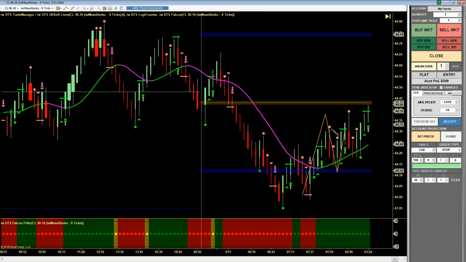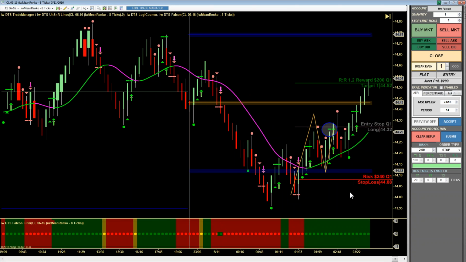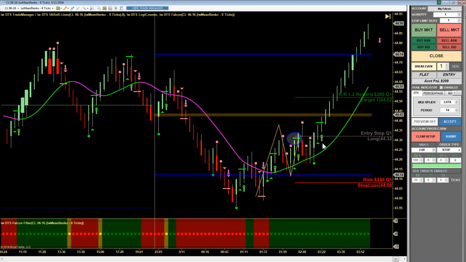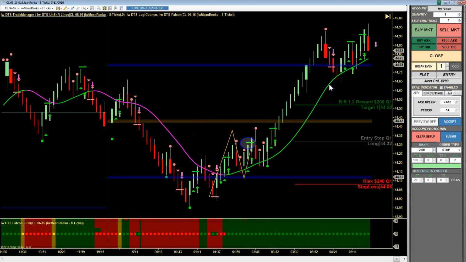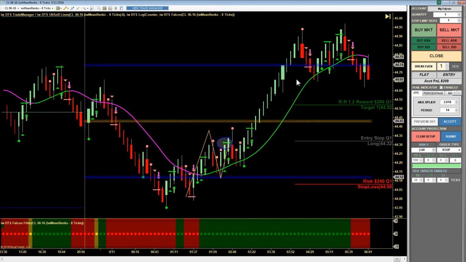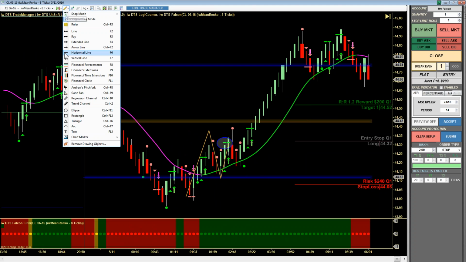And then they come back, and we end up buying right there. So if we bought there, that would have been a nice little swing also. You can see in this case the market went a little bit further. It would have been okay if you could afford more than one contract to throw a runner in there, perhaps try to capture a little bit more of that profit.